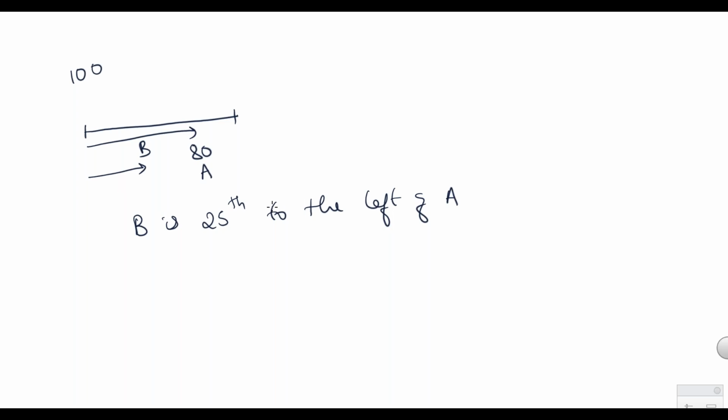It is just 80 minus 25. So if I'm taking the position from A this side, that is 80 minus 25, 55.